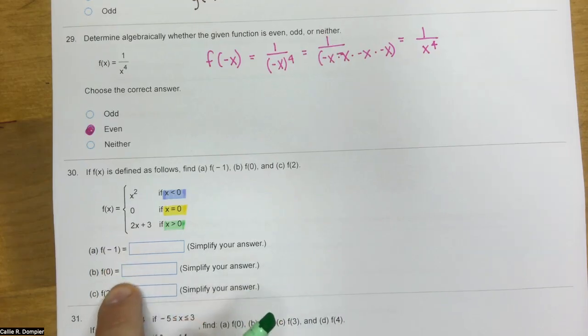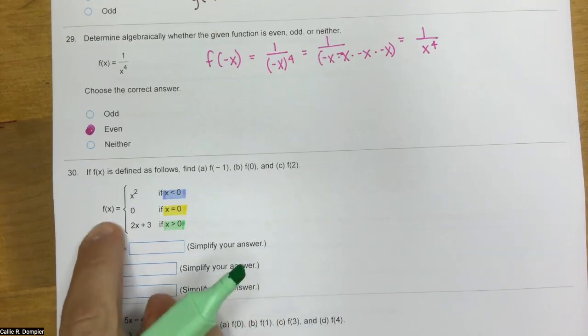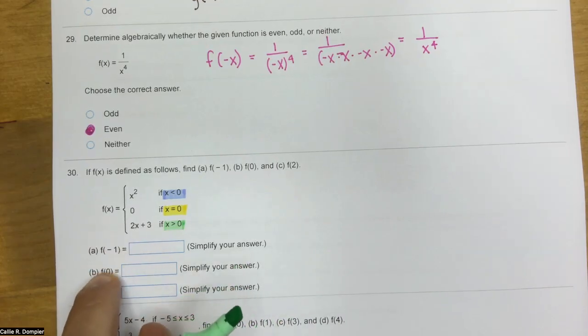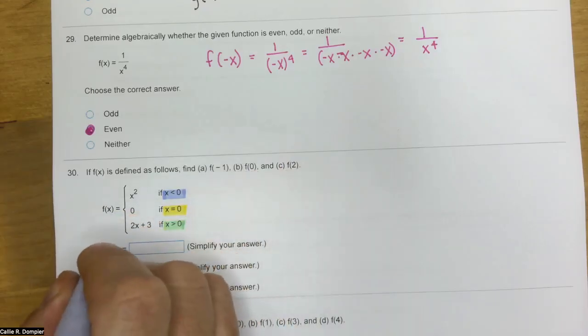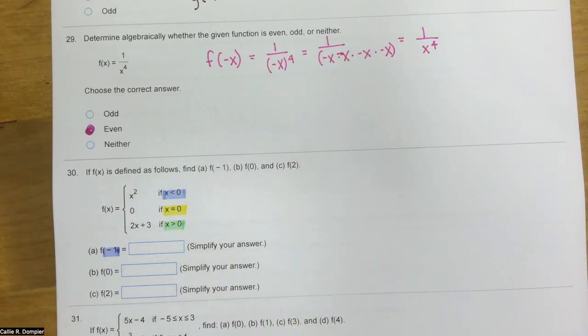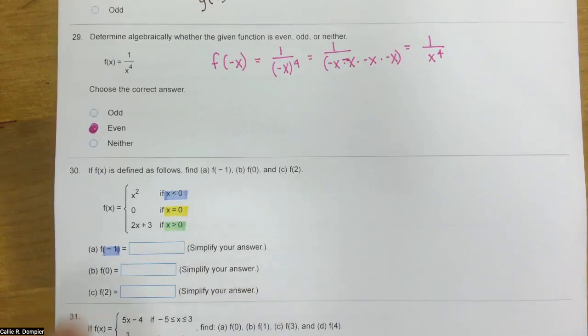Okay, so now I want you to go through these examples. Remember, f of x, that means these are the x values. Okay, negative 1. Negative 1 is less than 0. Good. Keep going. 0 is equal to 0.